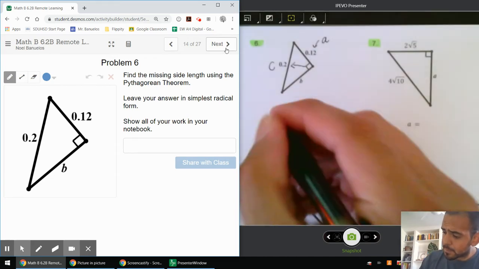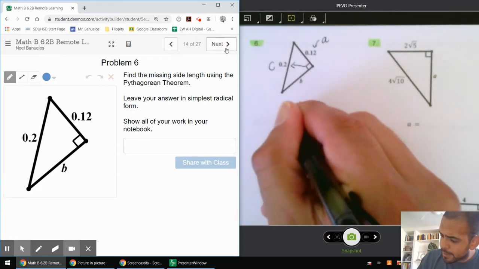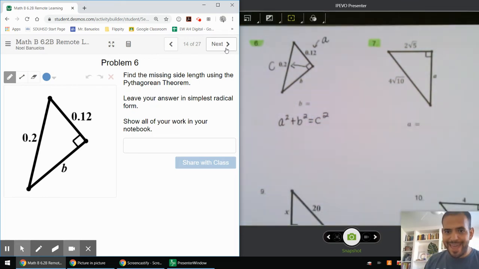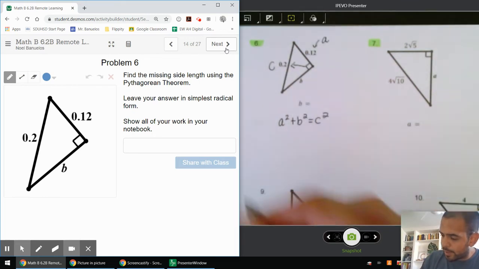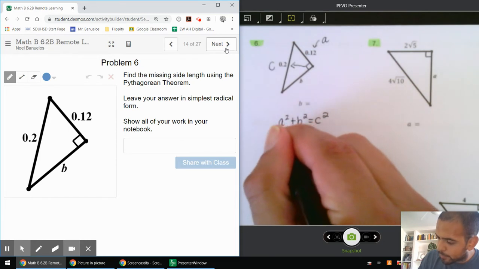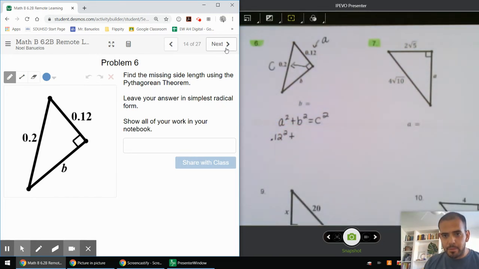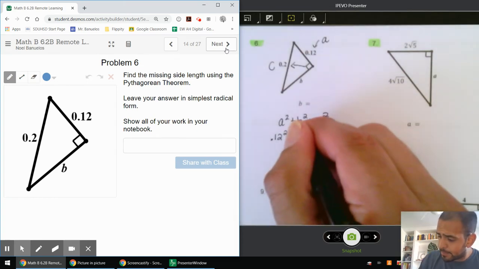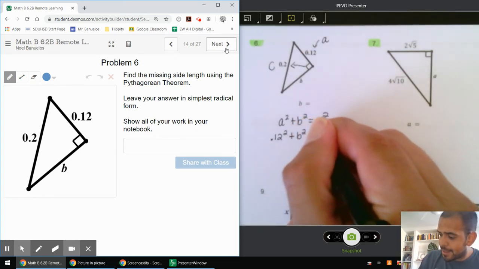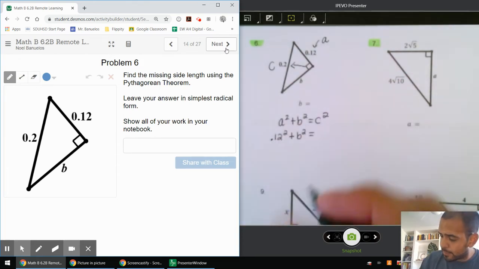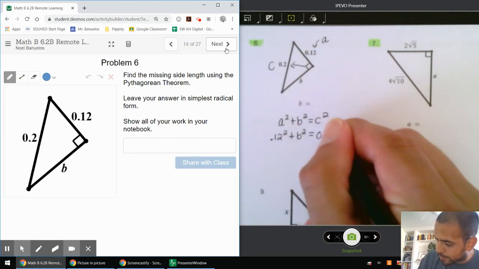Here we go. a squared plus b squared equals c squared. So a is 0.12, so 0.12 squared plus b squared, which is unknown, equals c squared, and c is 0.2, so 0.2 squared.